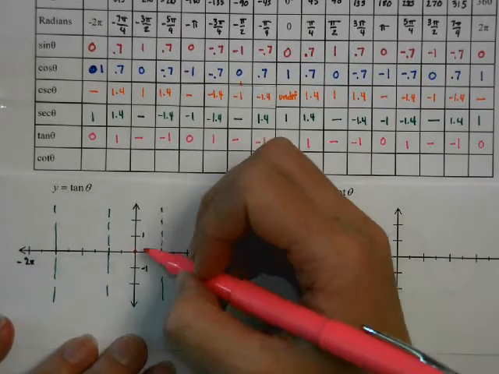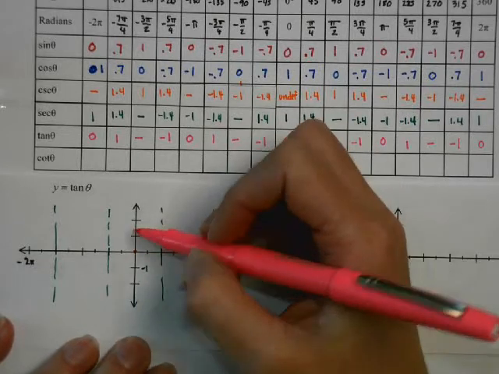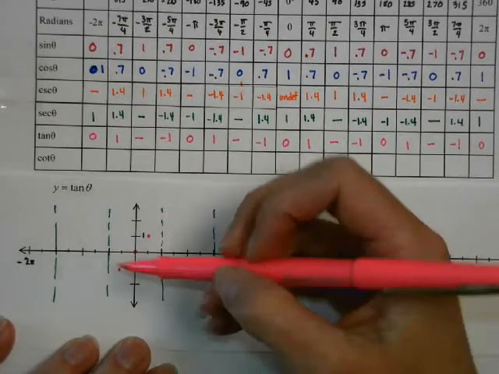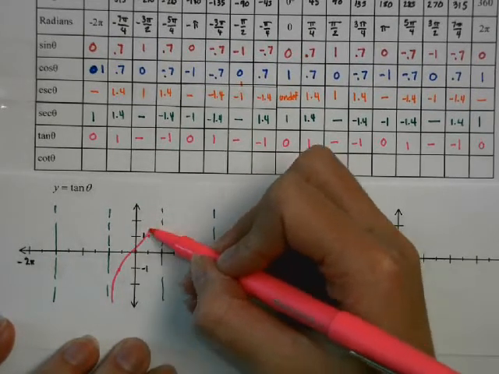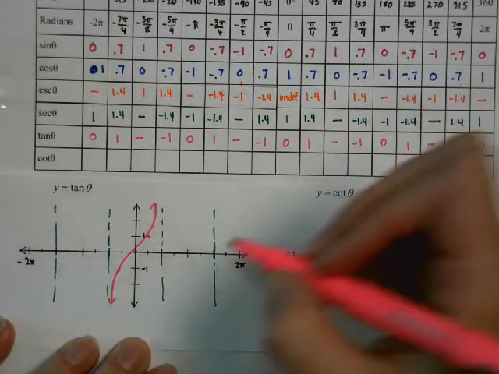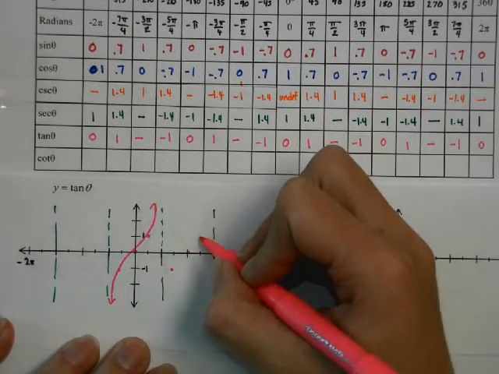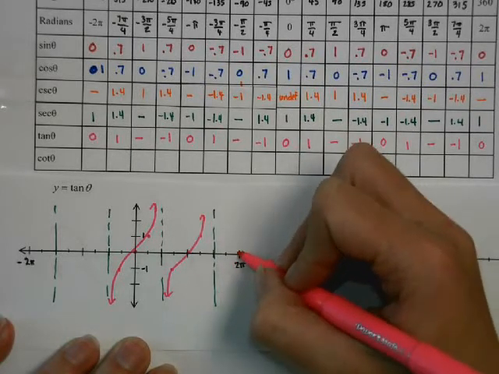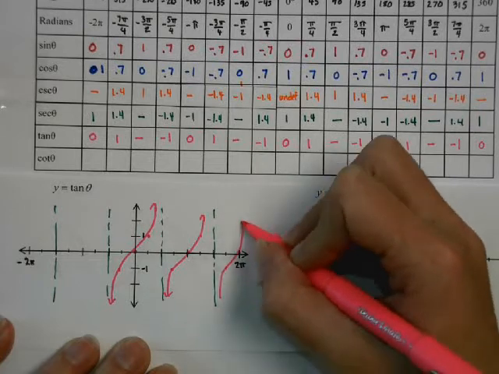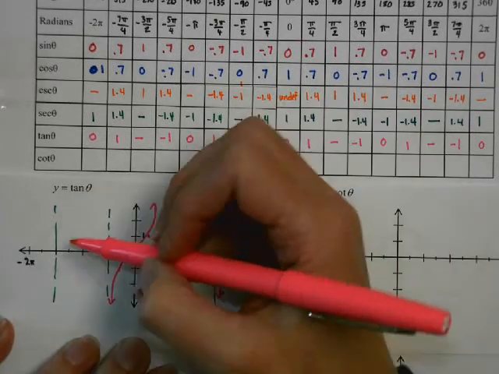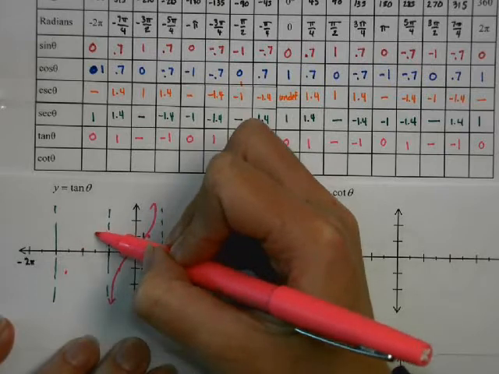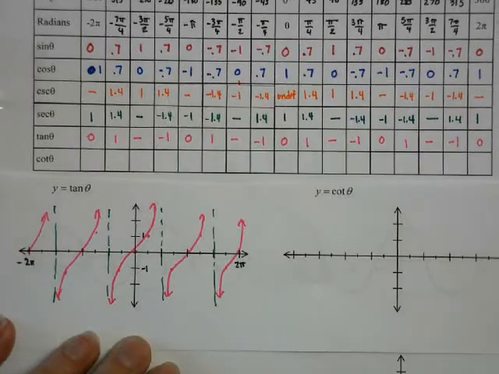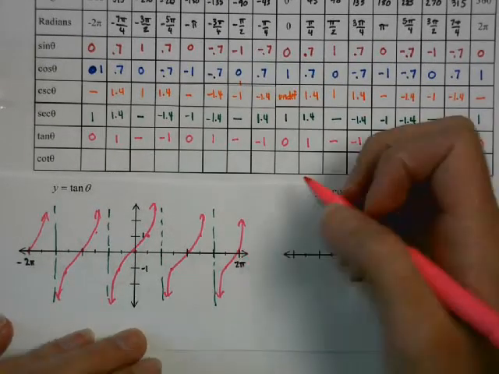Pi over 4 is at 1, and negative pi over 4 is at negative 1. So you have these three here, but it's not a line. It's going to look like this, where it's going to approach the asymptotes. And it's going to repeat that over and over again. So that is the graph of tangent.